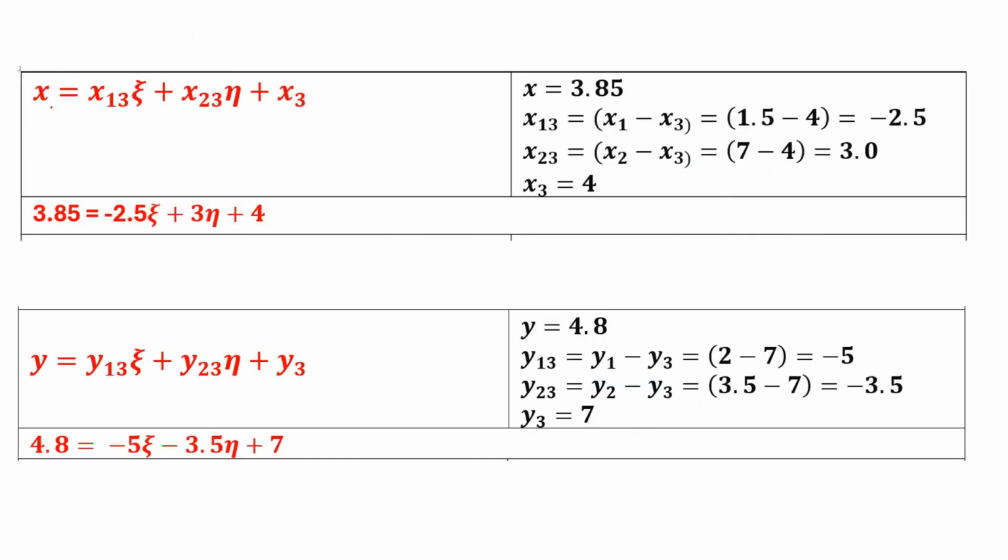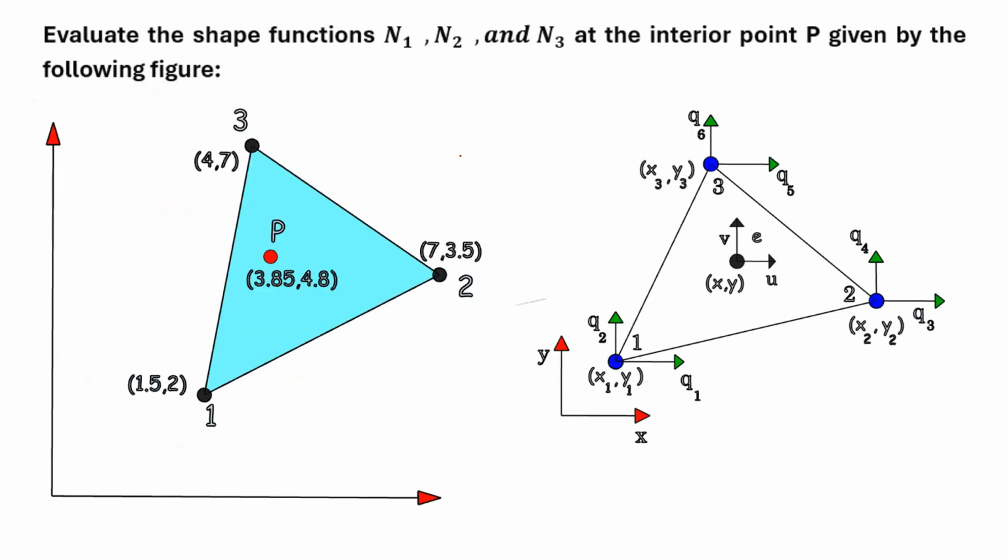Now, here you can see that the equation is X equal to X13 psi plus X23 eta plus X3. Now, we know that X is equal to 3.85, that is given. This is X, Y, and the other things are X1, Y1, and this is X2, Y2, and this one is X3, Y3.